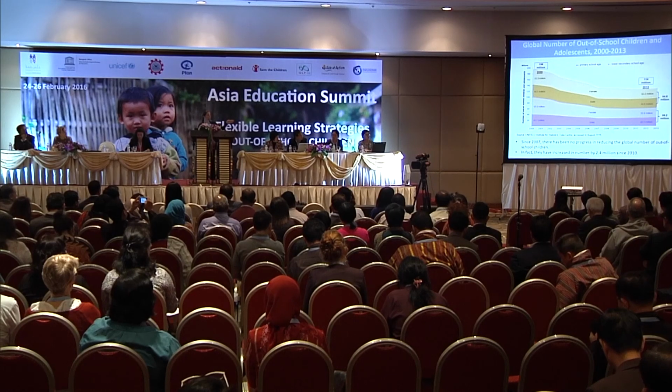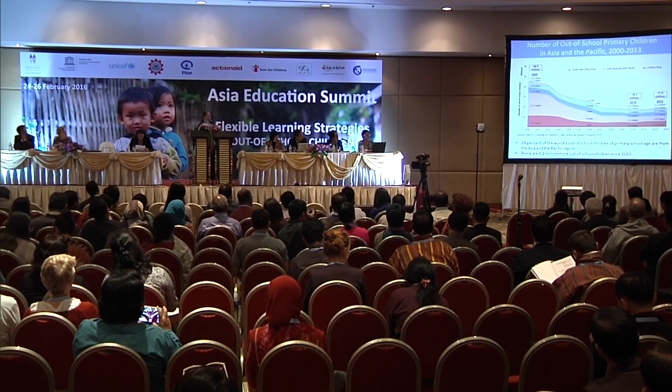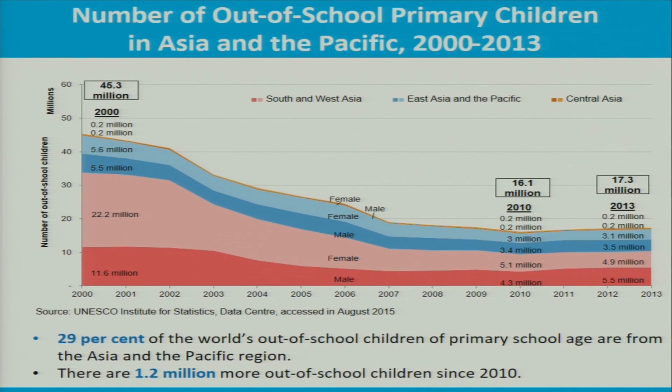Many of the speakers before me said we can see that from 2007, the number of out-of-school children did not decrease. It has stagnated. But the reality is that there has now been an increase of 2.4 million children from 2010 to 2013. This is the important fact that this shows. This is only for primary education for Asia and the Pacific.